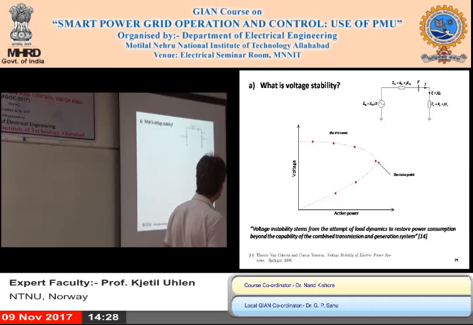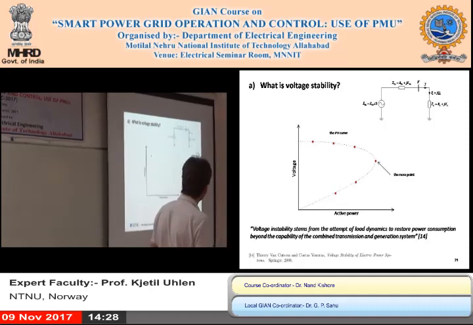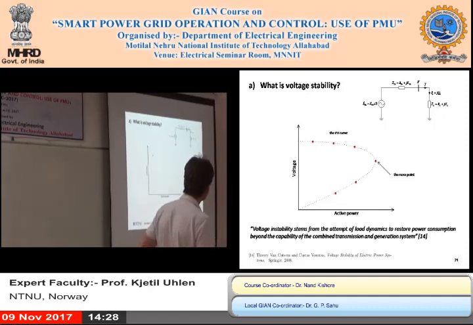Well, a very simple explanation is with this, let's say, equivalent system where you have a measurement of voltage in a transformer station, for example, where you have a load. If you consider the load as an impedance and the rest of the network as a Thevenin equivalent, then at a certain measurement you have a voltage and an active power feeding the load.